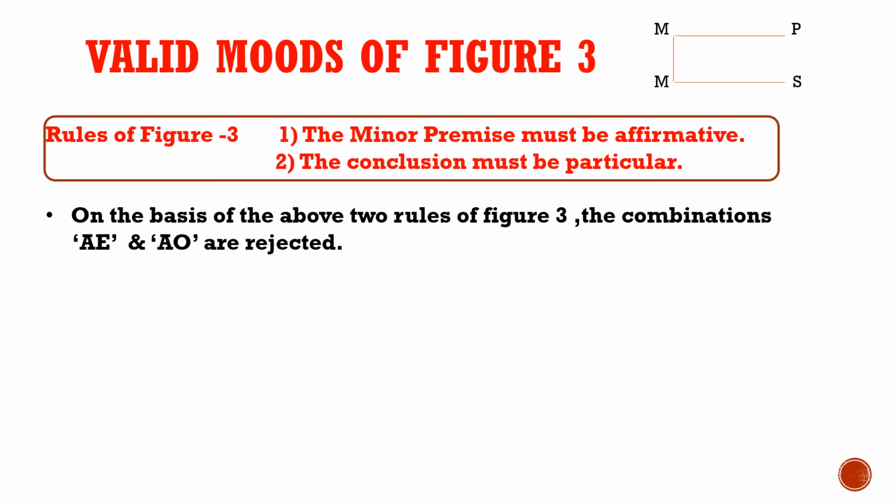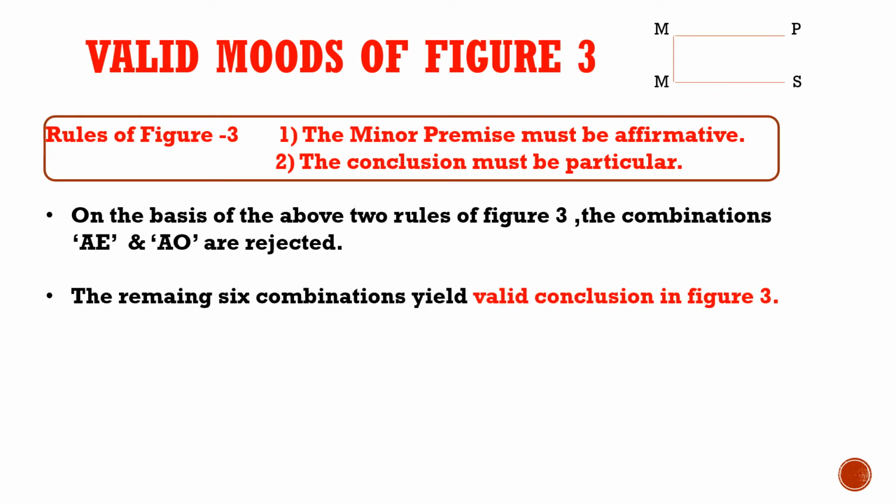On the basis of the above two rules of figure 3, the combinations AE and AO are rejected. Why? Because in both these combinations, the minor premise is negative. And as per the rules of figure 3, the minor premise must be affirmative.